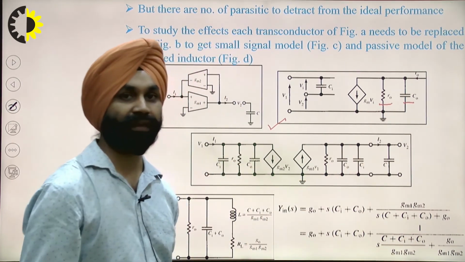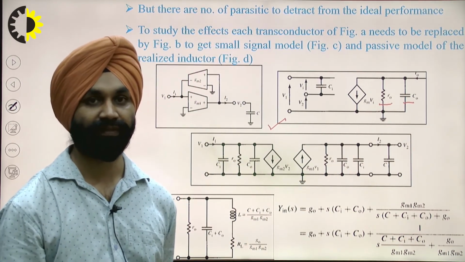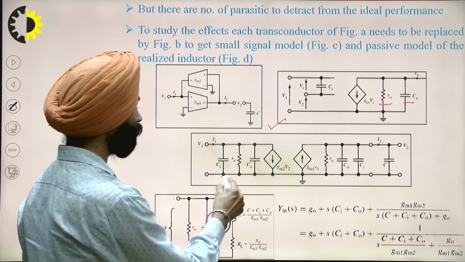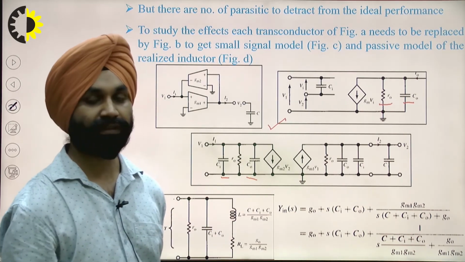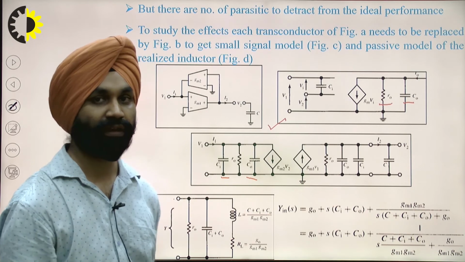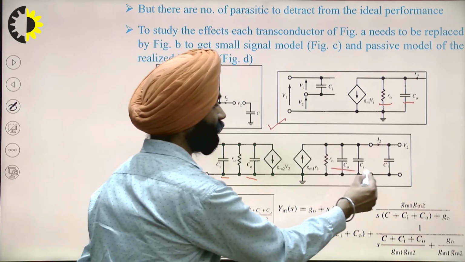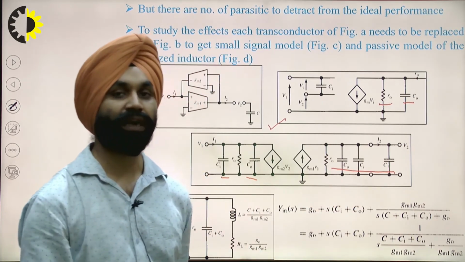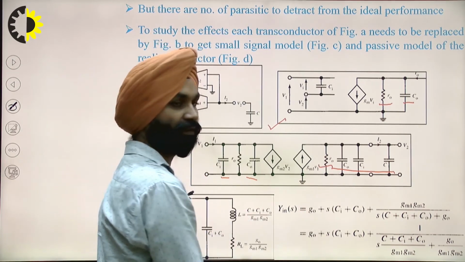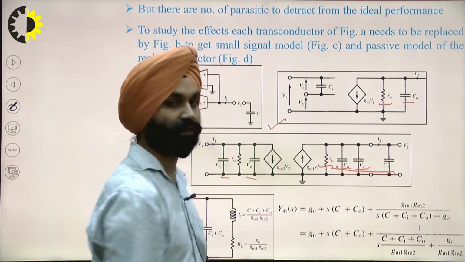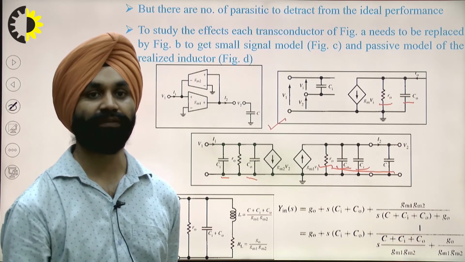If we apply a capacitor C, then the total capacitance will be C in parallel with R, C0 and C1. So all these capacitances will be added up.